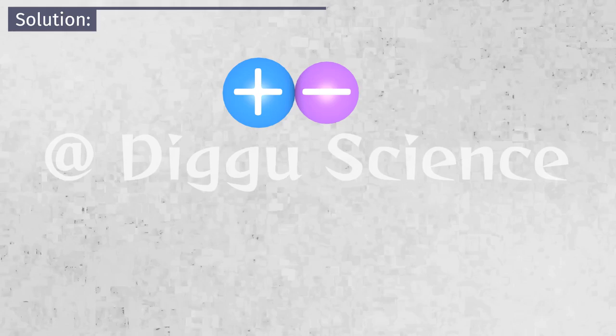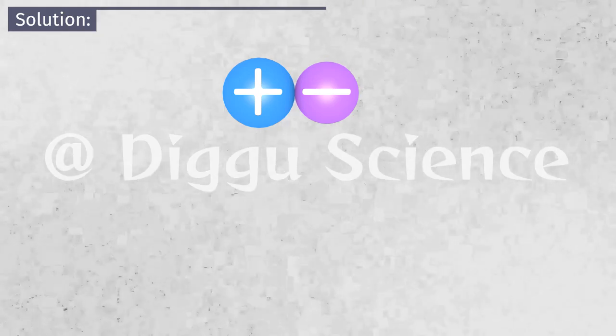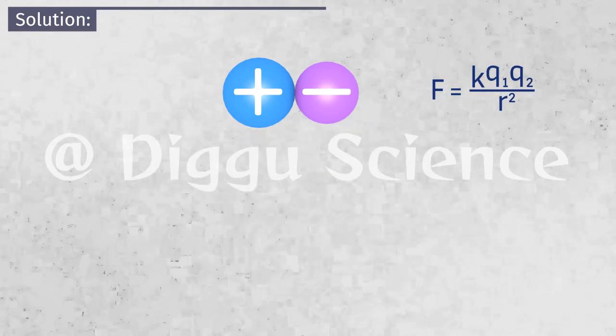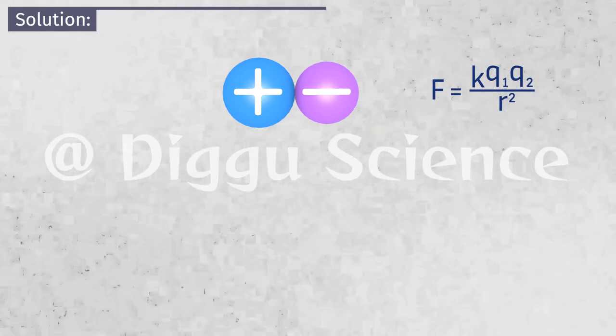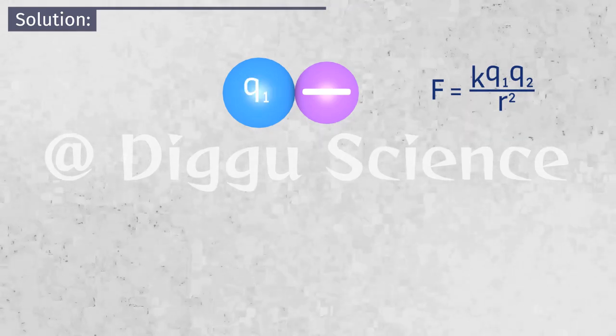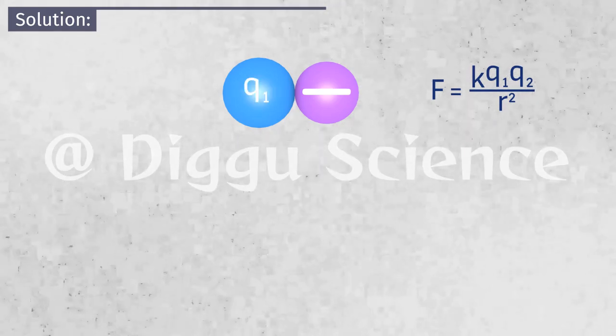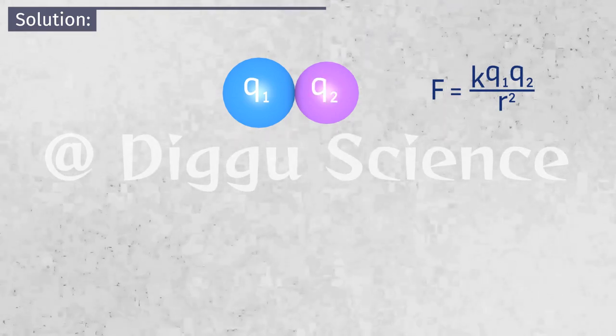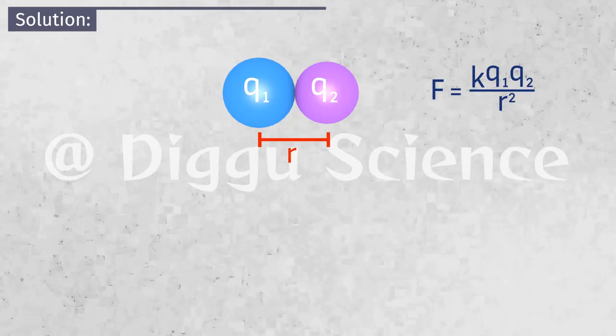The magnitude of the binding force between ions can be calculated using Coulomb's law. F is equal to K q1 q2 divided by R squared, where q1 is the charge of particle 1, q2 is the charge of particle 2, and R is the distance between the atomic nuclei.